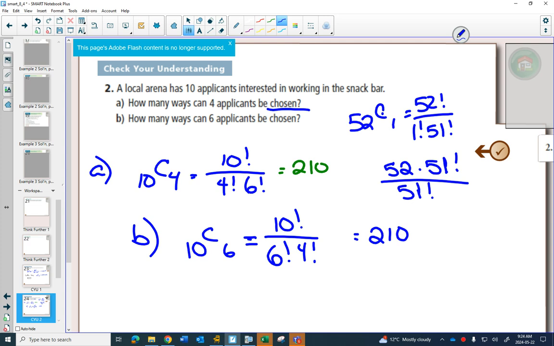Wow, those would cancel out, and you're just left with 52. 52 choose 51 is exactly the same thing.